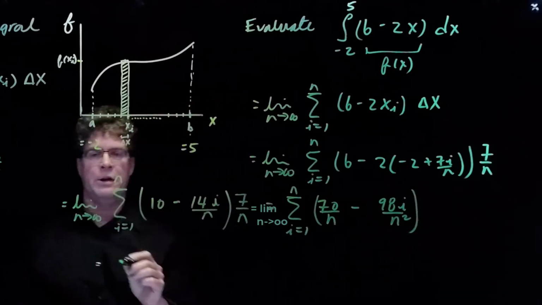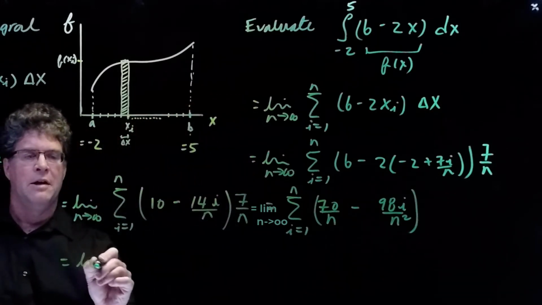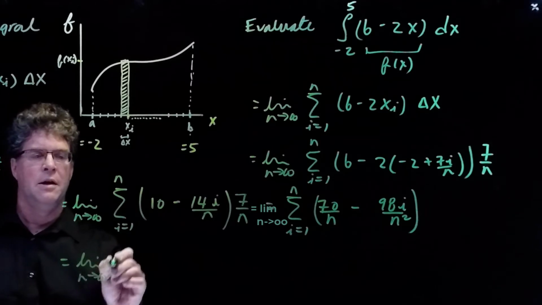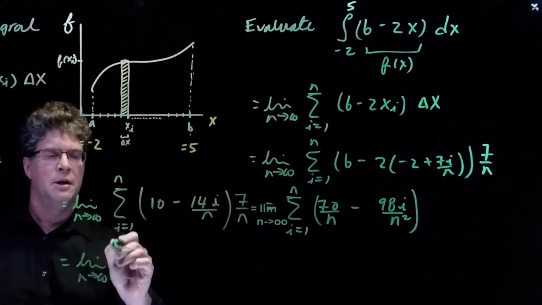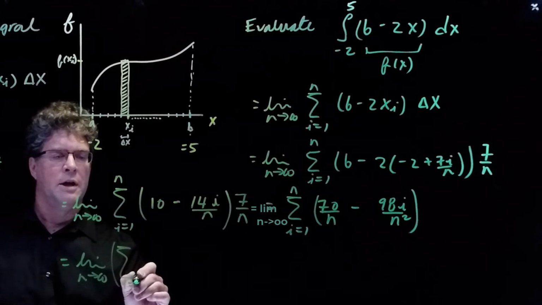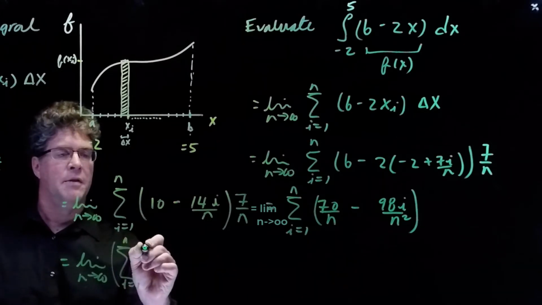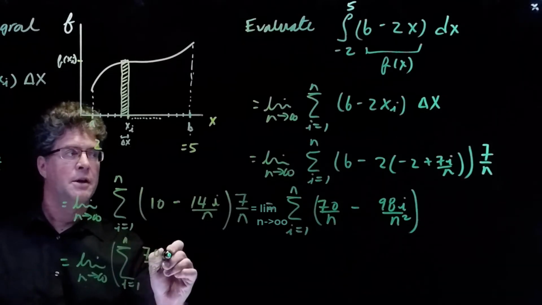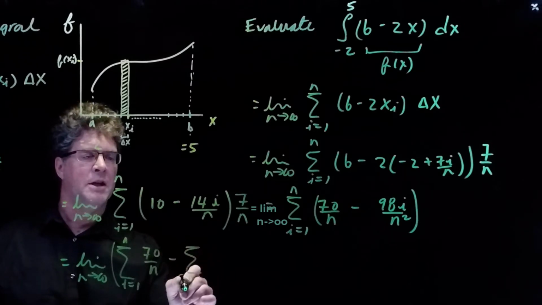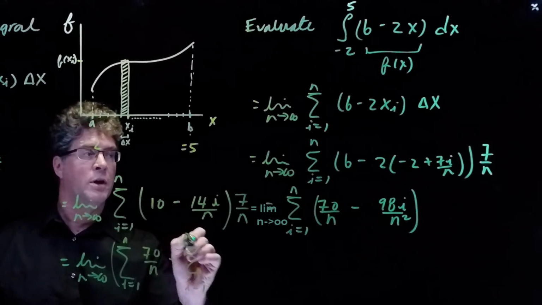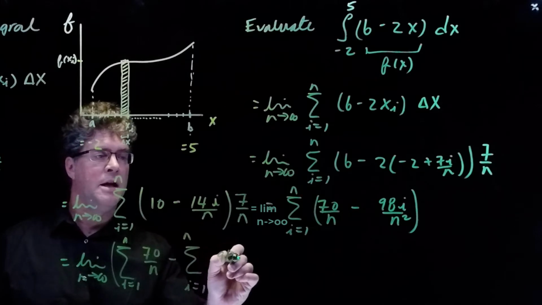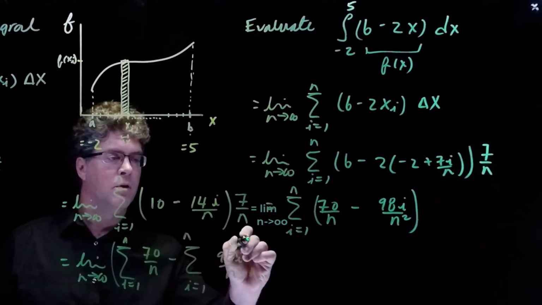Now we can separate this out as two sums and write it as the limit as n goes to infinity of the summation i going from 1 to n of 70 over n, minus the summation i going from 1 to n of 98i over n squared.